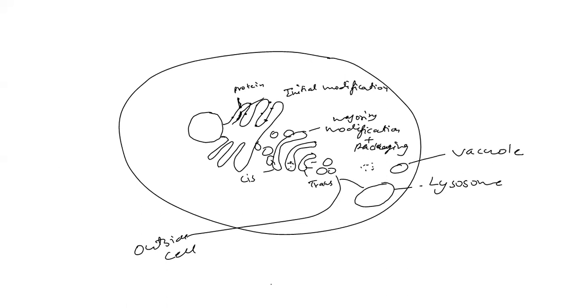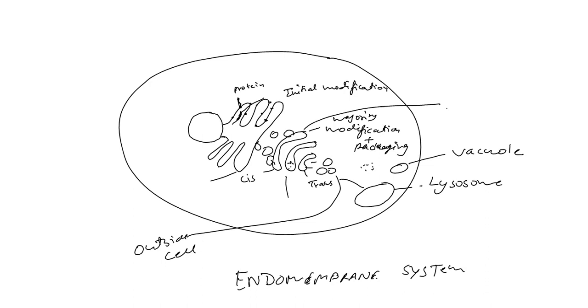So that's how the endomembrane system works. And always remember that modification is done inside the ER also, and the Golgi body also, but the majority of modification of protein is done inside the Golgi body.